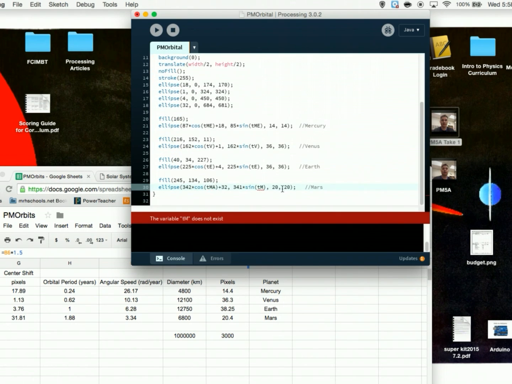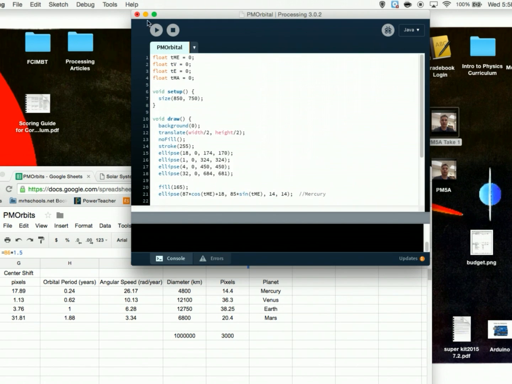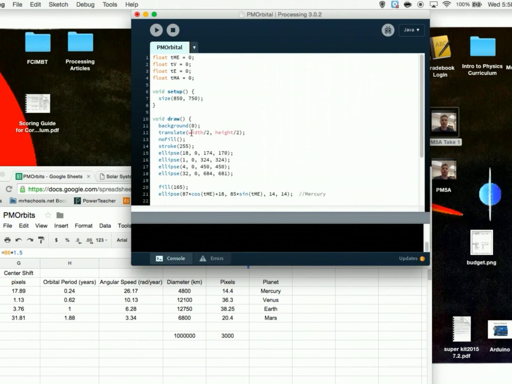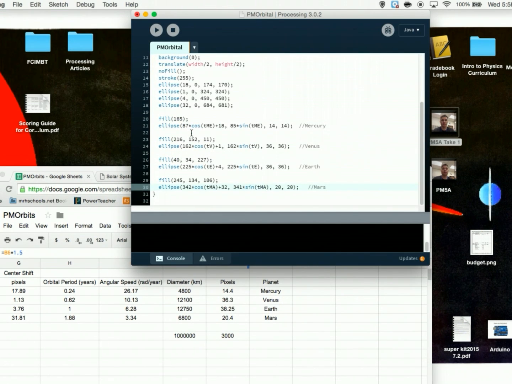TMA to distinguish between Mars and Mercury. All right, let's see what it looks like. Let's see if it actually follows the right paths. Oh, we have not told our t variables to change, to do anything, which is important.